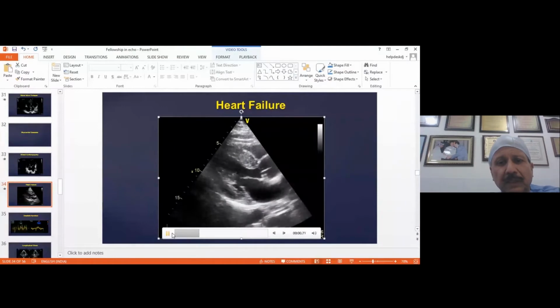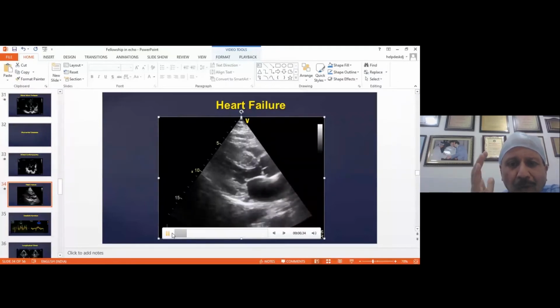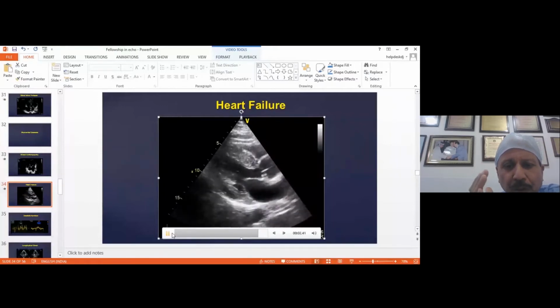You can see this ventricle is so thick, poorly contracting. Heart failure with reduced ejection fraction, heart failure with preserved ejection fraction, heart failure with mid-range ejection fraction are all based on 2D echo delineated ejection fraction.